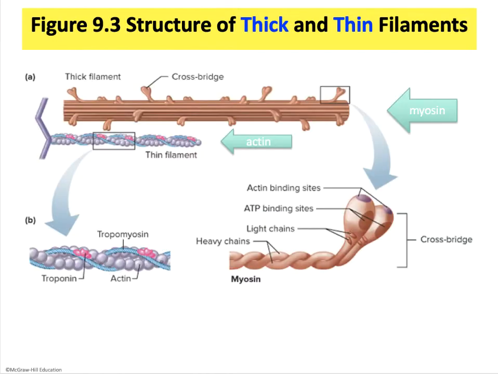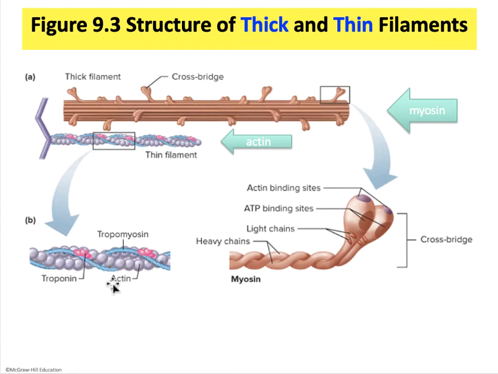So if we go back to this figure here, we can see that the troponin is in pink, and the tropomyosin is a long filamentous protein that occupies a groove along the surface of the actin. The precise interaction between actin, tropomyosin, and troponin is very important.